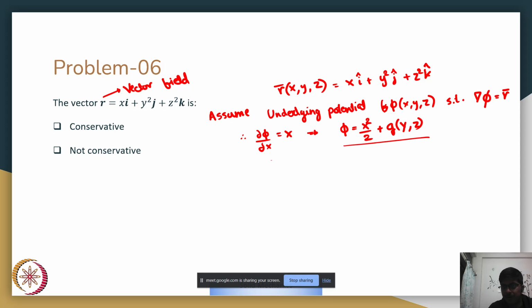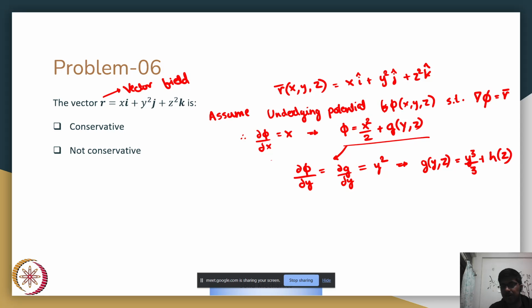Next up, we'll differentiate this function. The partial derivative of this function with respect to y is nothing but dou g by dou y. X square won't contribute, and this should be equal to y square. Therefore, g of y, z can be written as y cubed by 3 plus some function h of z.